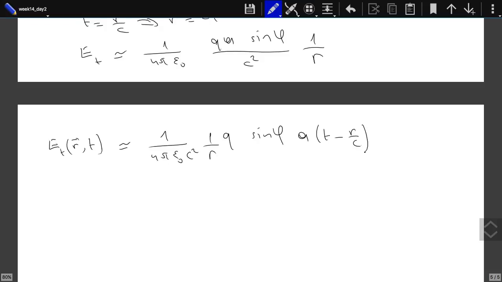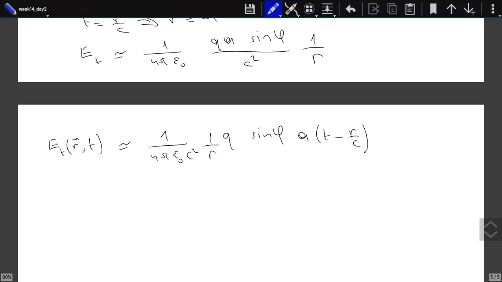Let us just make one more assumption. We had already studied RLC circuits, right? This tangential electric field is the electric field I measure at a distance r at the time t, but this acceleration is not the acceleration of the object at the time t.